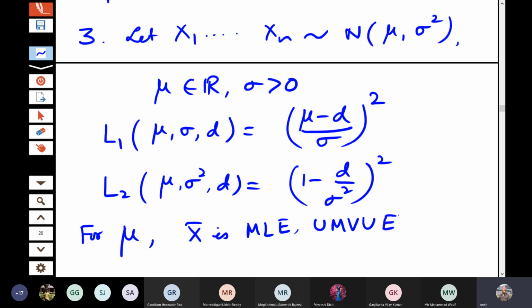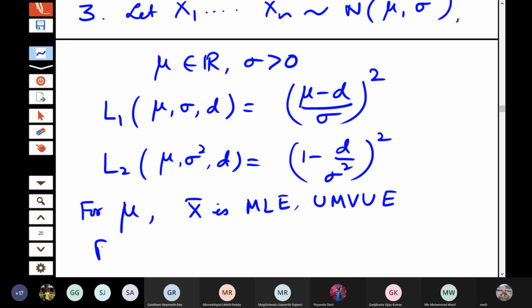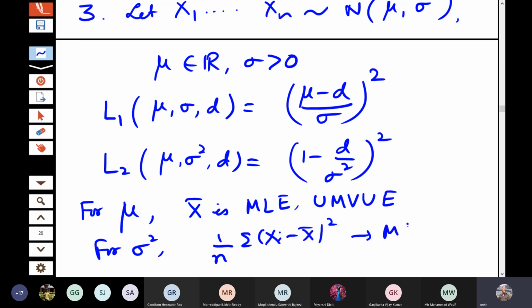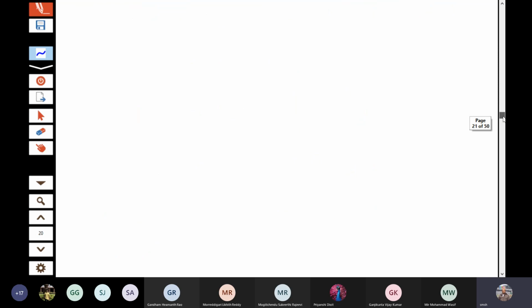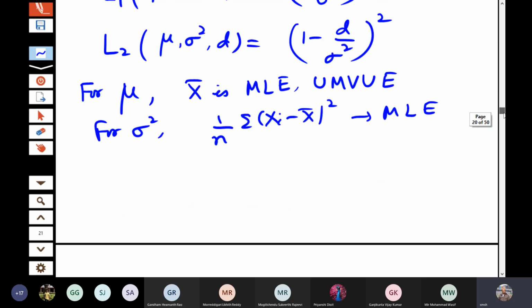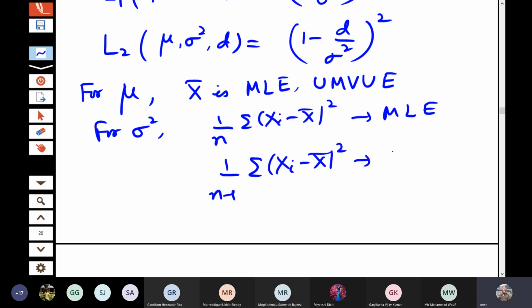That we have already proved. And for sigma square, 1 by n sigma (xi minus x bar) square is the MLE, and 1 by (n minus 1) sigma (xi minus x bar) square is the UMVUE. So these things we have already answered.